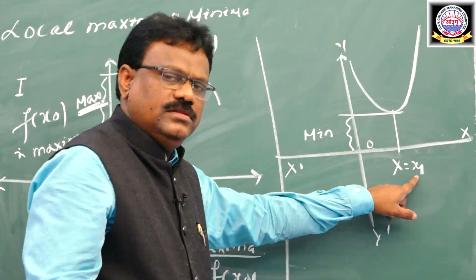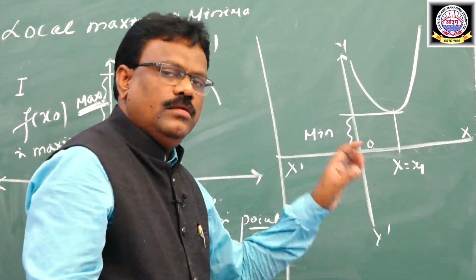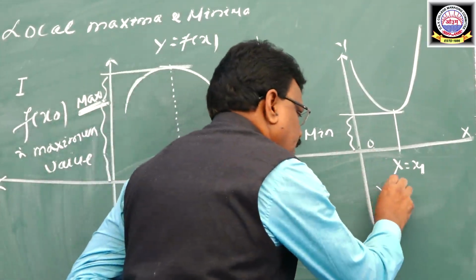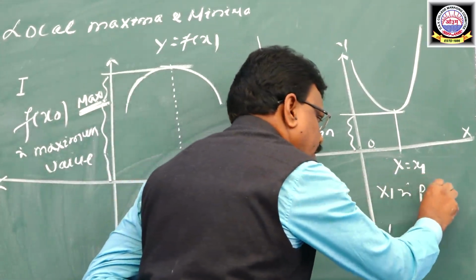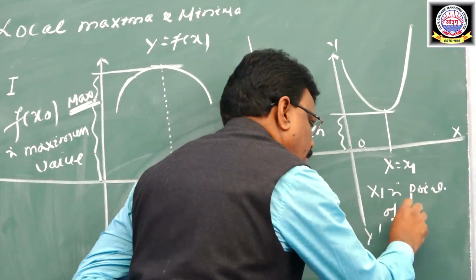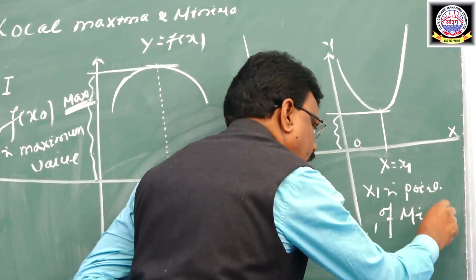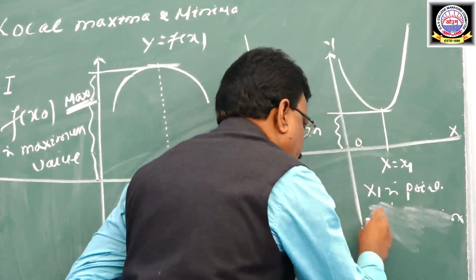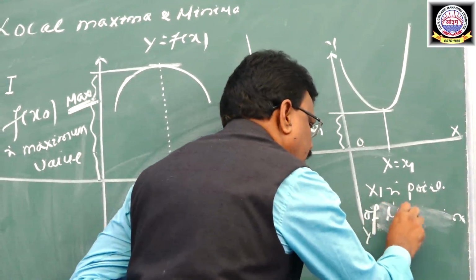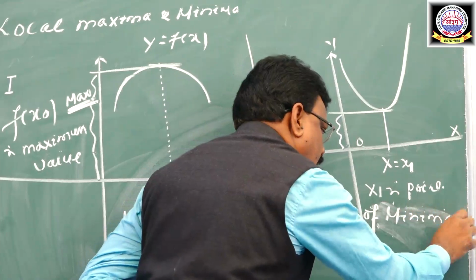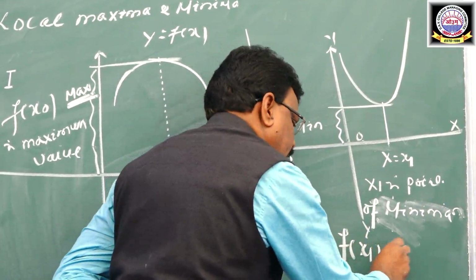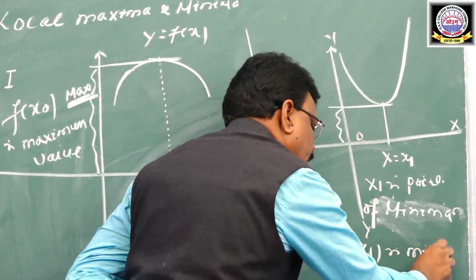At x equal to x1. So x1 is called the point of minima, and f of x1 is the minimum value.